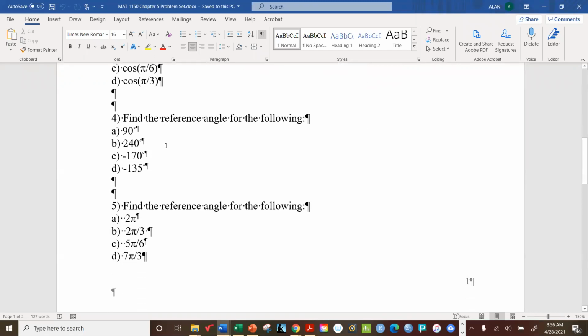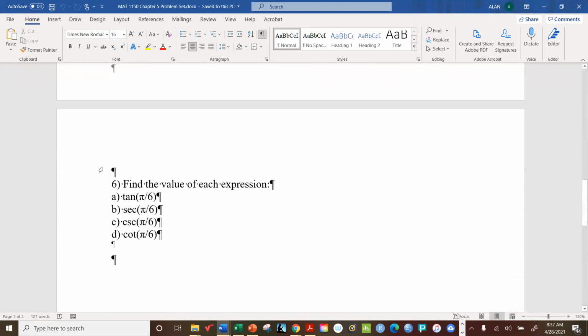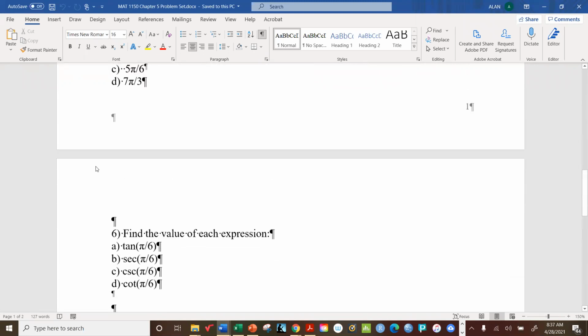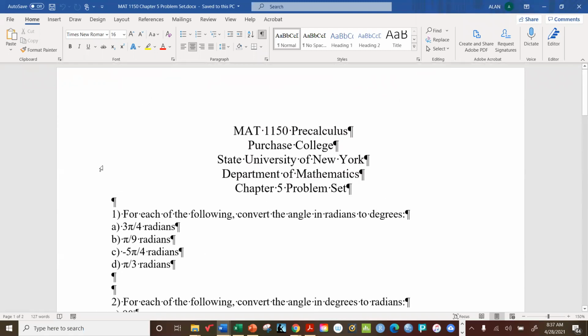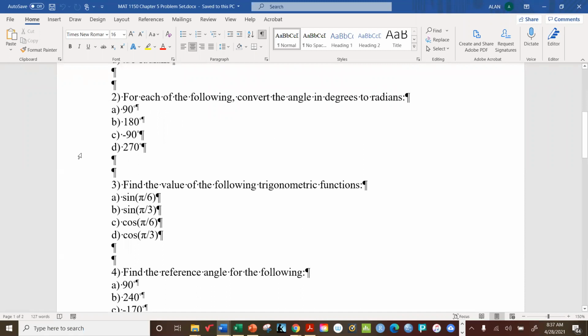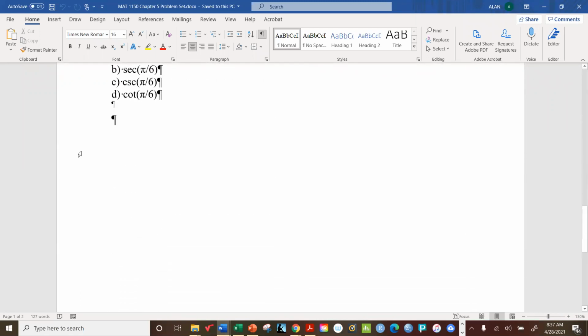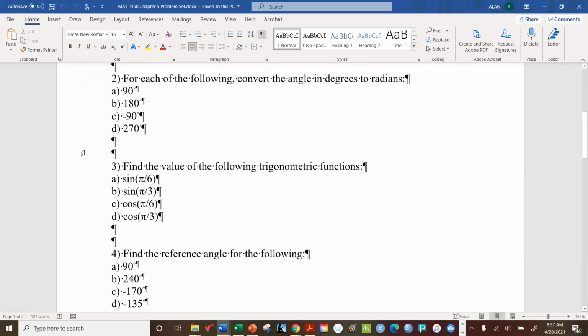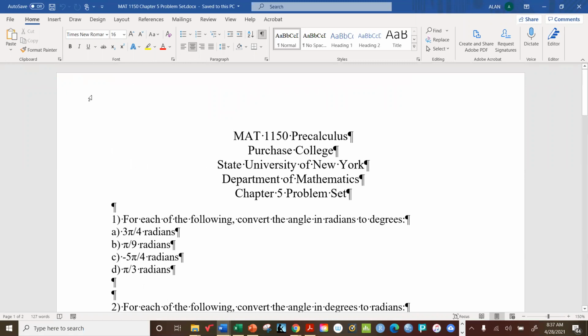There are a couple of other things we were looking at earlier, like reference angles, but you don't see anything in here about unit circles. Again, this is just background so you can understand better what these trig functions are all about. So don't panic. The test will be much, much simpler than this.